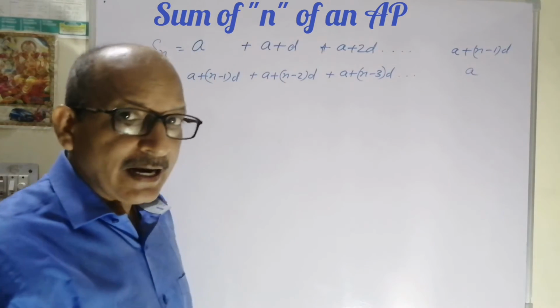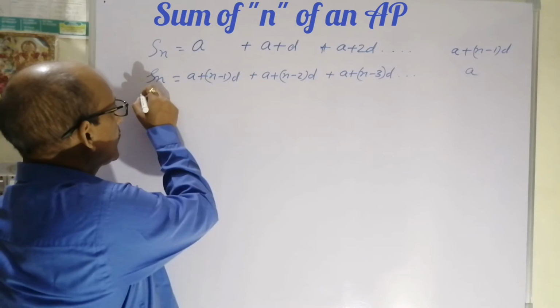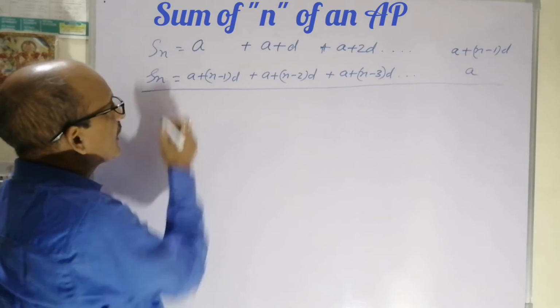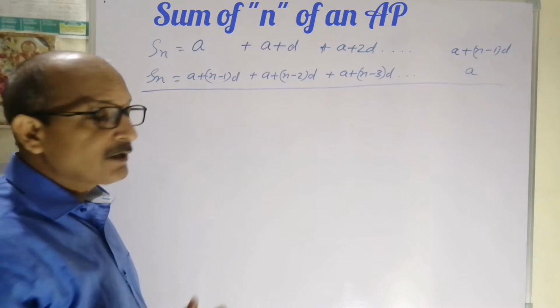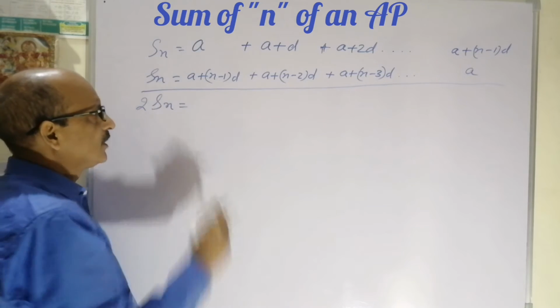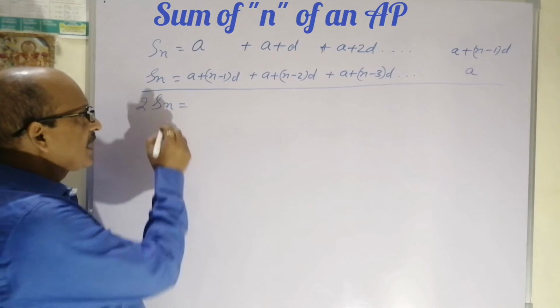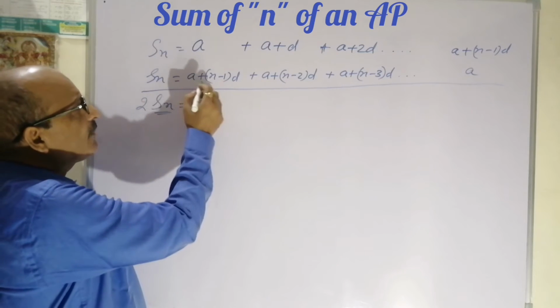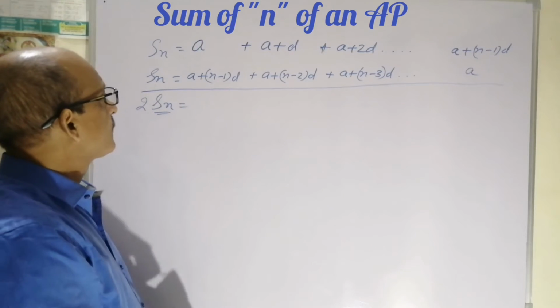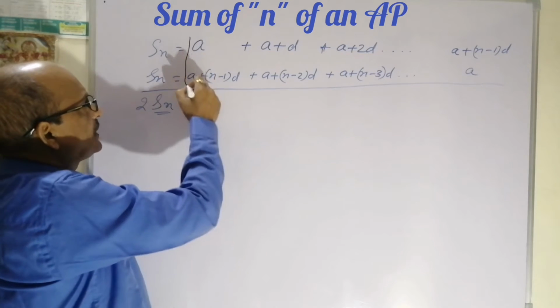Now if we add them all, we see here we are getting Sn and Sn added together, which means we have 2 times Sn. 2 times Sn will be equal to, now add the first terms of both these APs.